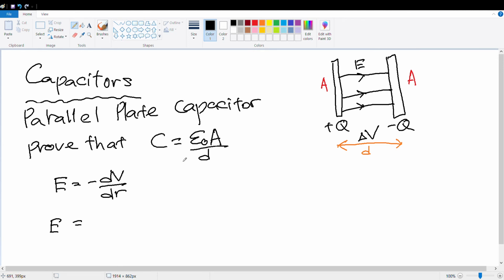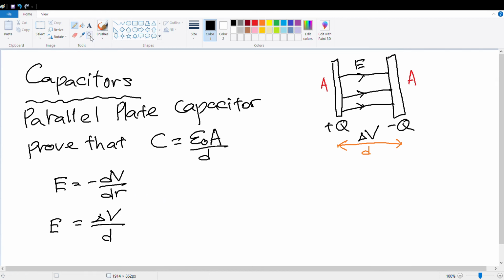Since this one is a parallel plate instead of the metal sphere, the electric field strength is equal to the potential difference divided by the plate separation. So there is no negative.